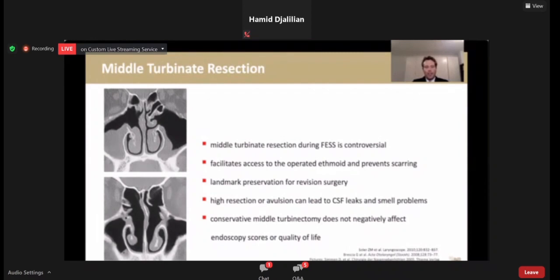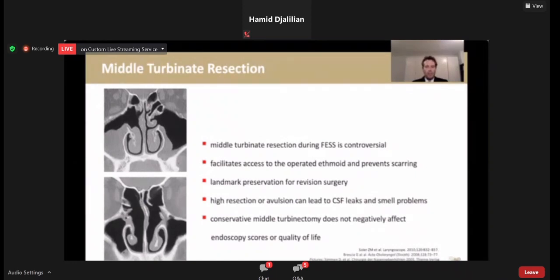But on the other hand, if you are cutting out the middle turbinate, you are losing an important landmark which should be preserved for later, perhaps revision surgery. But if you have a look for the problems the patients have after such a turbinectomy, these problems are little. So endoscopic scores and quality of life scores normally were not negatively affected by a resection of the middle turbinate.